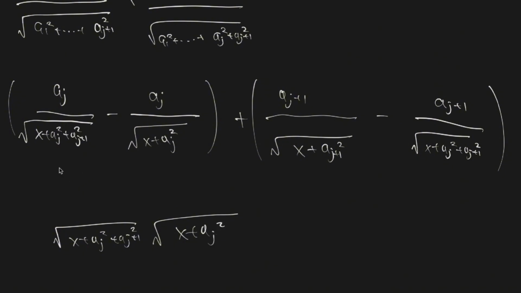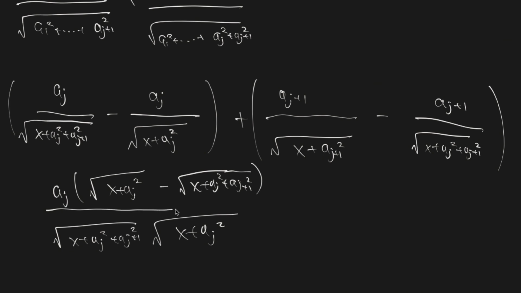And the top is AJ. I can factorize out an AJ here, and you would get something like the square root of x plus AJ squared minus the square root of x plus AJ squared plus AJ plus 1 squared. Okay, it should be something like this.